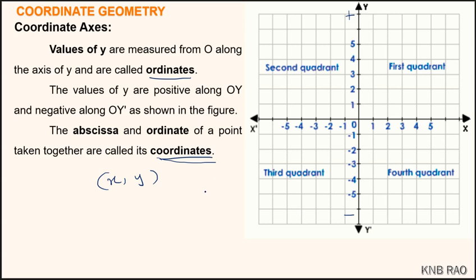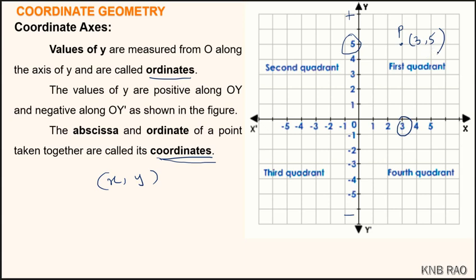For example, in 3, 5, abscissa is 3, ordinate is 5. So, the coordinates of this point P are 3, 5.